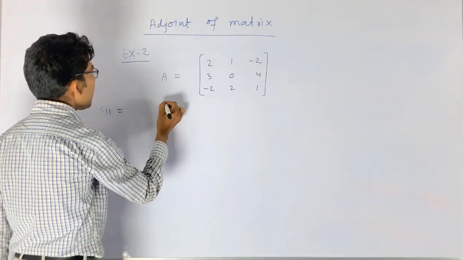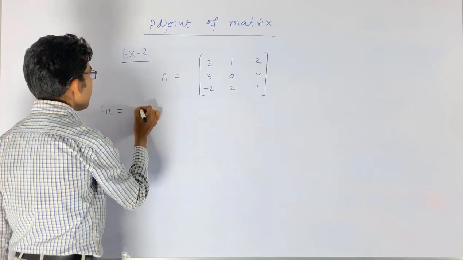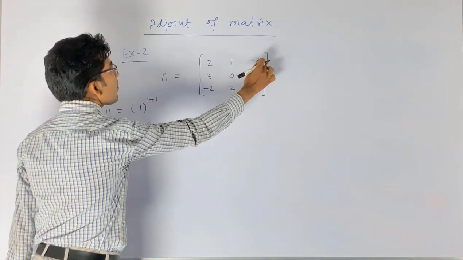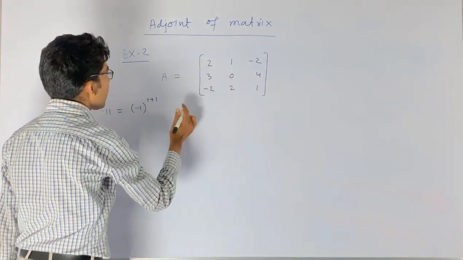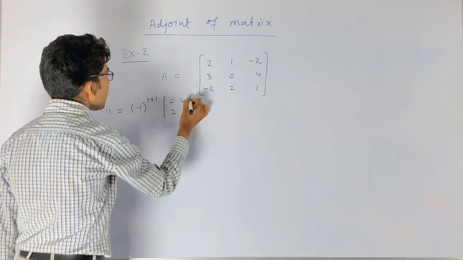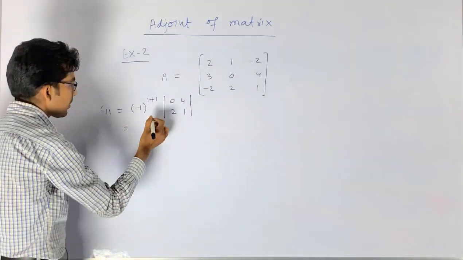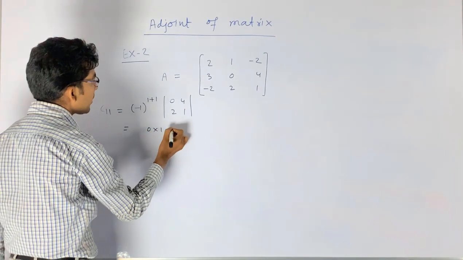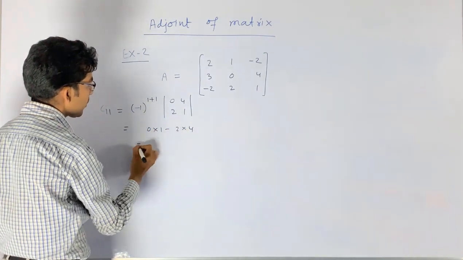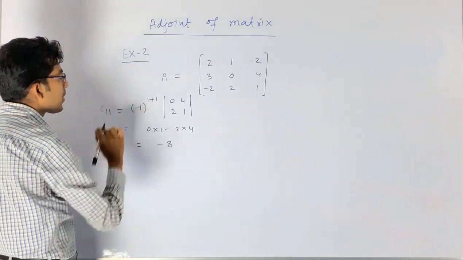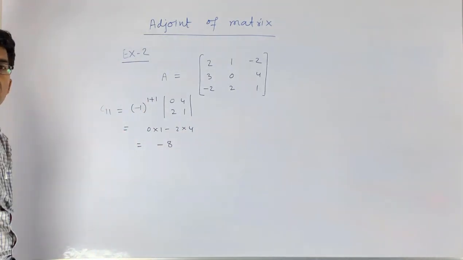Deleting the first row and first column, we remain with 0, 4, 2, 1. So, solve this: 0 into 1 minus 2 into 4. This is equal to minus 8, and minus 1 to the power 2 is plus 1.